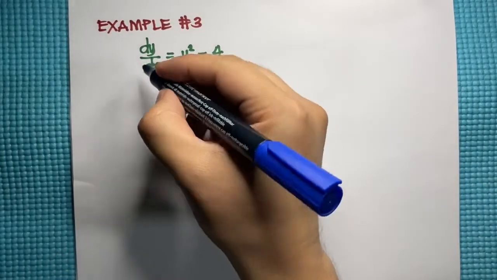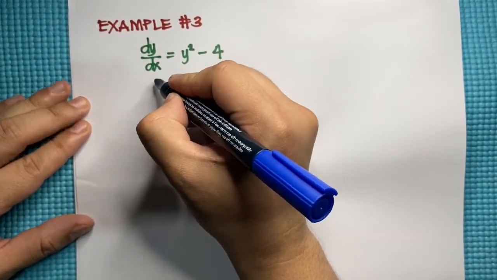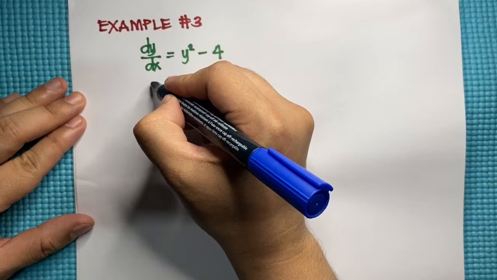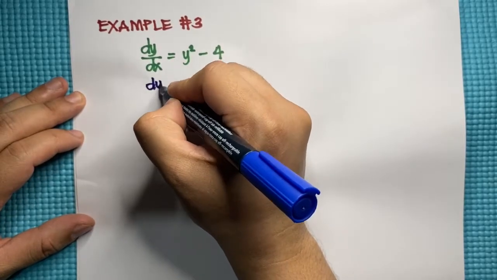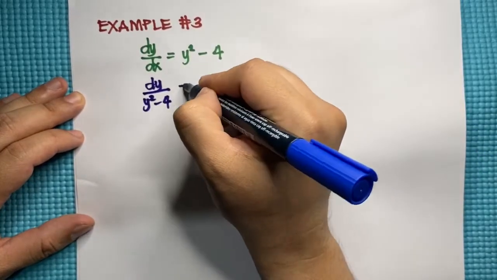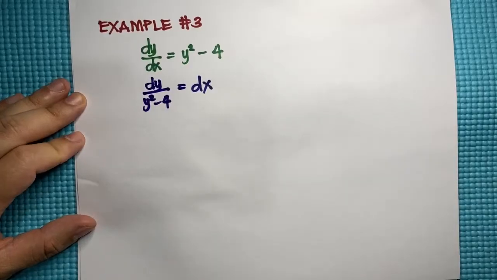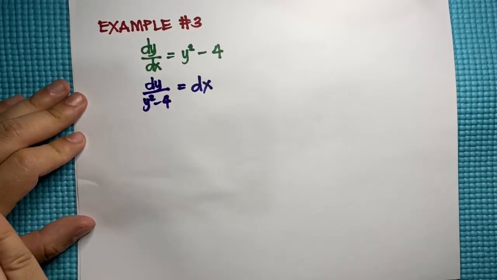We can right away rewrite our differential equation, and since this is separable, this becomes dy over y squared minus 4, and that would be equal to dx. As you can see here, it's already separated. The only thing that matters now is how do we integrate such equation.